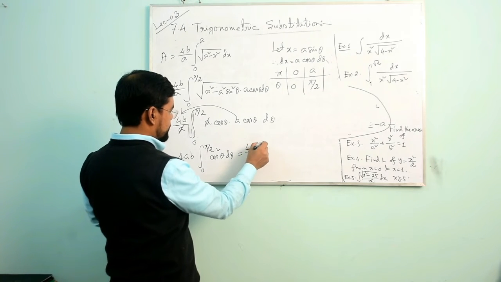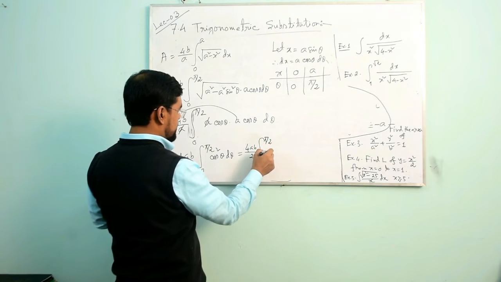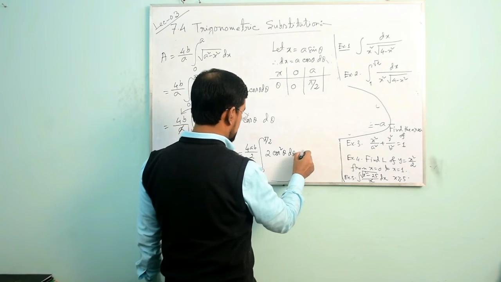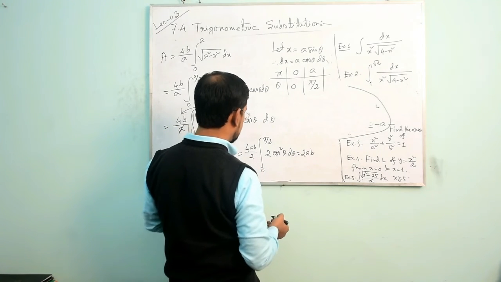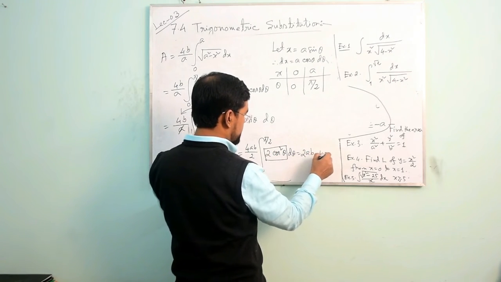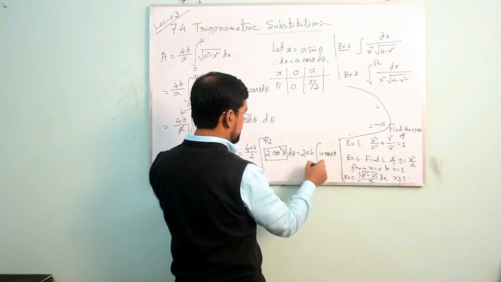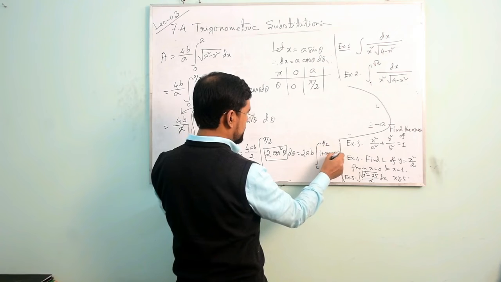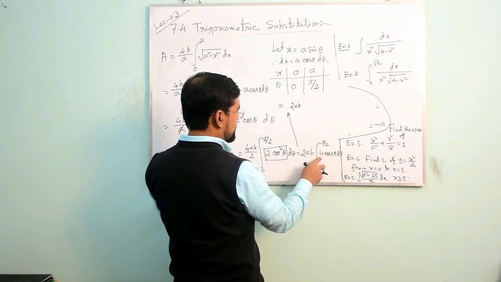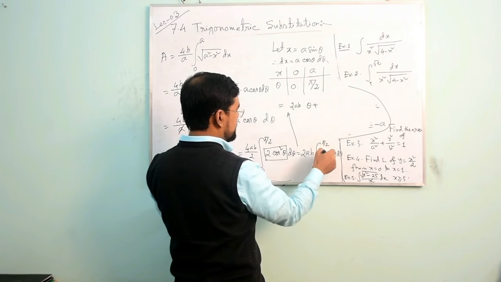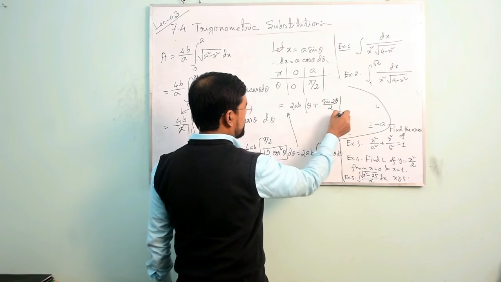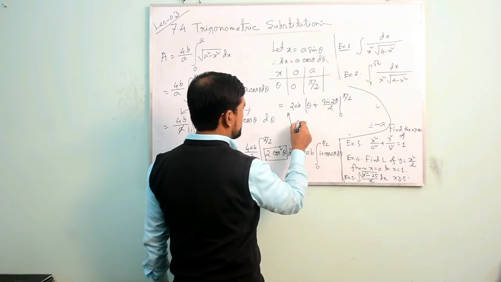4ab divided by 2, so that I can write here 2 cos square theta d theta, and this equal 2ab integral of 1 plus cos 2 theta from 0 to pi by 2 d theta, and this equal integration of 1 gives theta plus integration of cos 2 theta gives sin 2 theta by 2, from 0 to pi by 2, which is equal to 2ab.